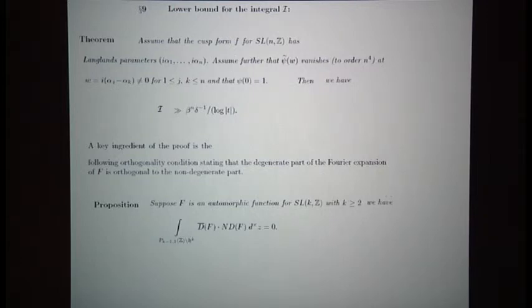This proposition, the orthogonality of the degenerate terms and non-degenerate terms, is crucial, because when we square the truncated Eisenstein series, we get degenerate terms times non-degenerate terms. These cross terms will be gone. We will get the degenerate terms squared plus non-degenerate terms squared because of this proposition. All the cross terms are gone.